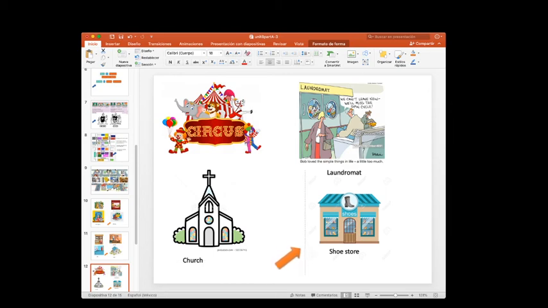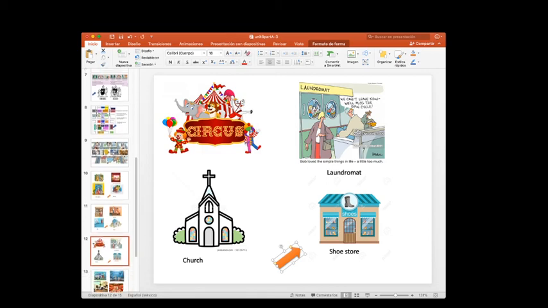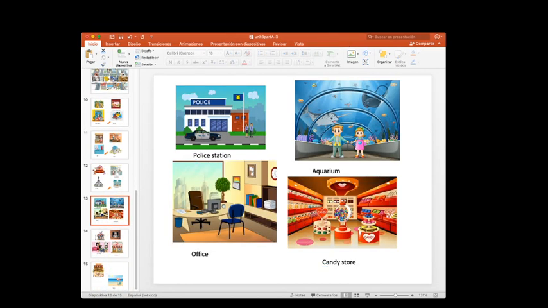For example, Flexi. When you have problems or you have been assaulted, you go to the police station. This site in general is an office.